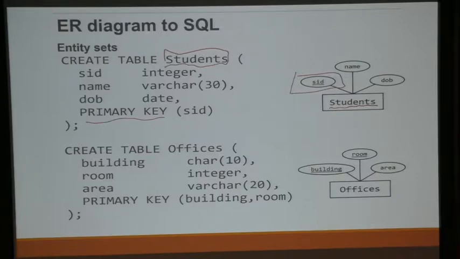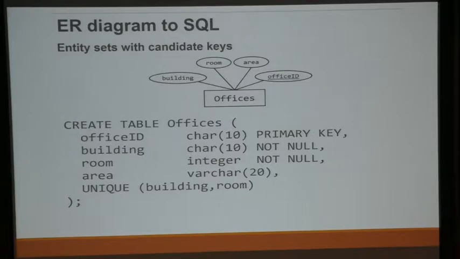Okay, so for an entity set with multiple primary keys, you use this. Just list everything as the primary key. Okay, so that is highlighted with the orange color here. If you have candidate keys, like we said before, candidate keys can be captured by the not null and unique constraints.